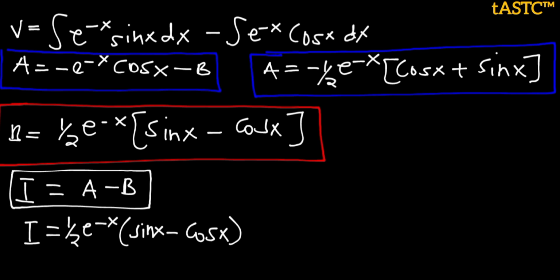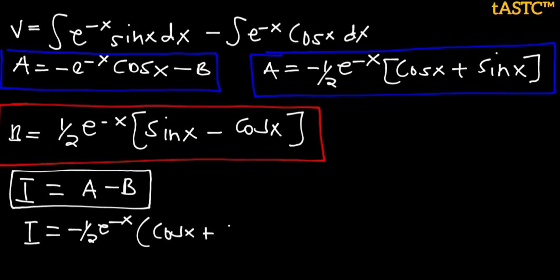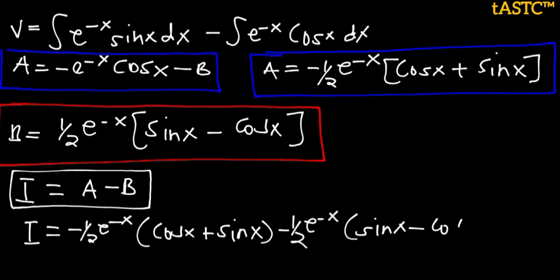Well, this is B. I'm actually writing B before an A. That shouldn't be. So this is a negative 1 over 2 e to the negative x, and here we have a cos x plus a sine x. That is minus B. So that is 1 over 2 e to the negative x sine x minus cos x. So that is what you have.